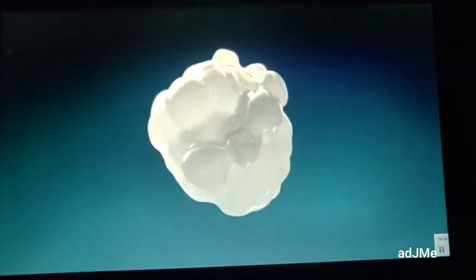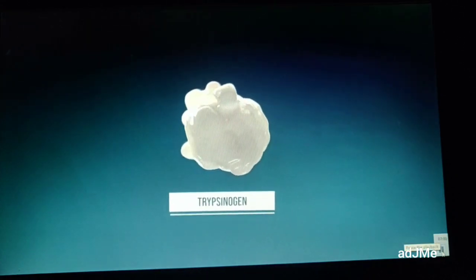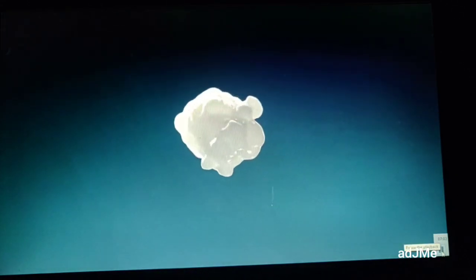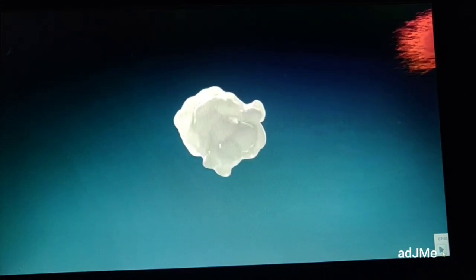To maintain the pH of the food, it should be balanced, and so we have this bile juice which maintains the pH of our food. That is, when the bile juice mixes with the acidic food coming out from the stomach, slowly that acidic condition comes to normal.